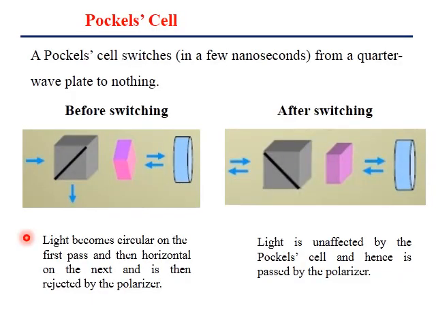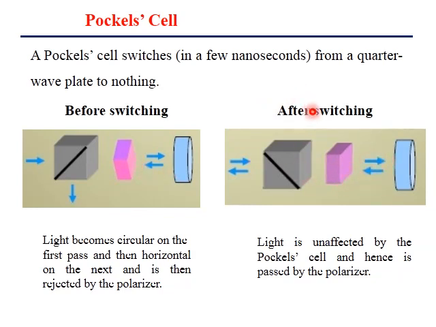Now let's try to see how a Pockels cell works. The Pockels cell switches in a few nanoseconds from a quarter wave plate to nothing. I'm sure you must have studied quarter wave plates, half wave plates and all, especially during your optics classes. This is the Pockels cell before switching, and this is after switching. Light becomes circular on the first pass and then horizontal on the next, and is then rejected by the polarizer. When this is rotated, you can see it is now in a rotated position.